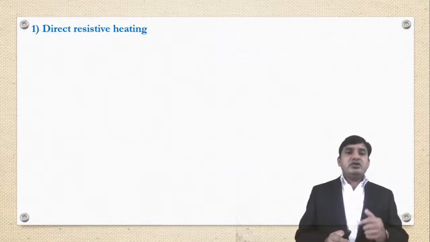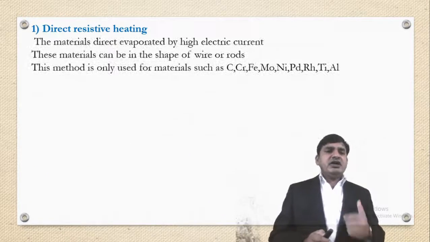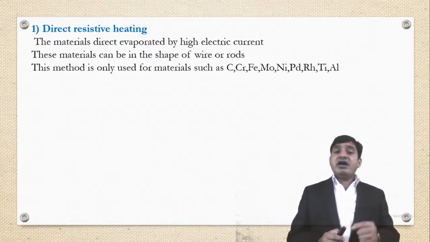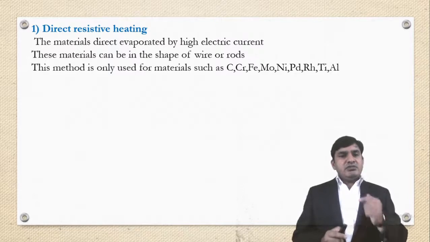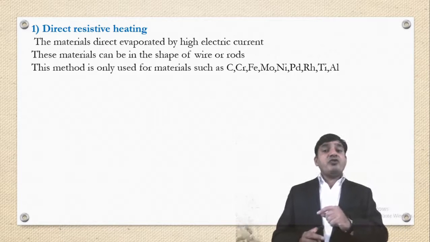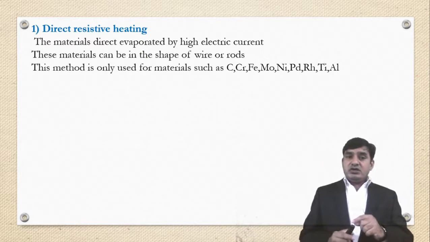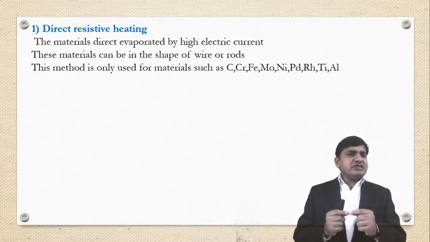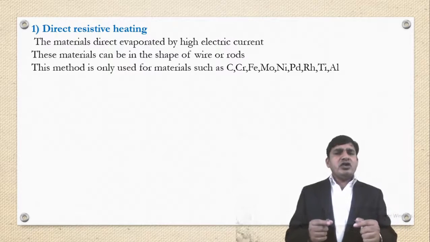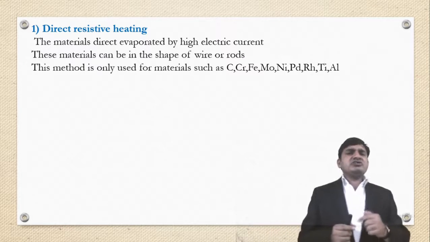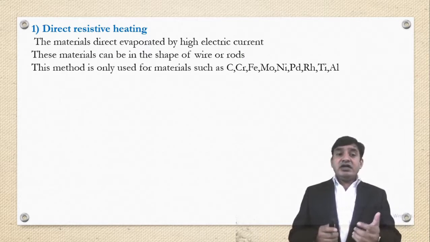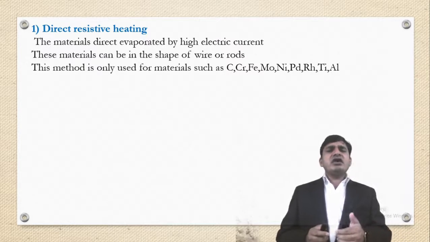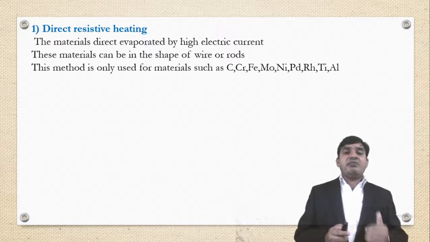Now, direct resistive heating. In this method, the material is directly evaporated by high electric current. The material can be in the shape of a wire or a rod, and when the electric current is passed through the wire or rod, it gets heated, and this wire or rod is evaporated.